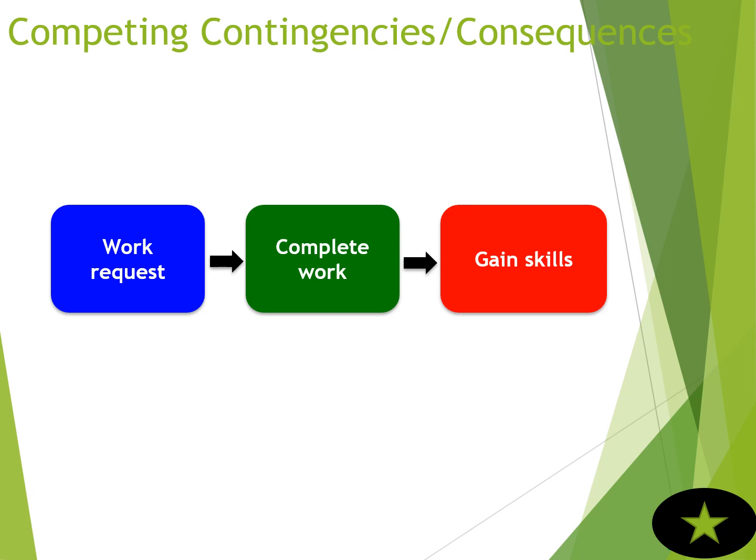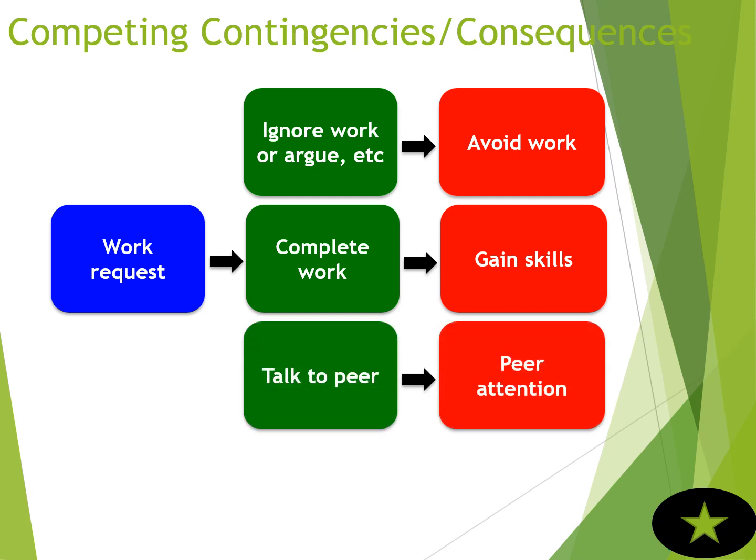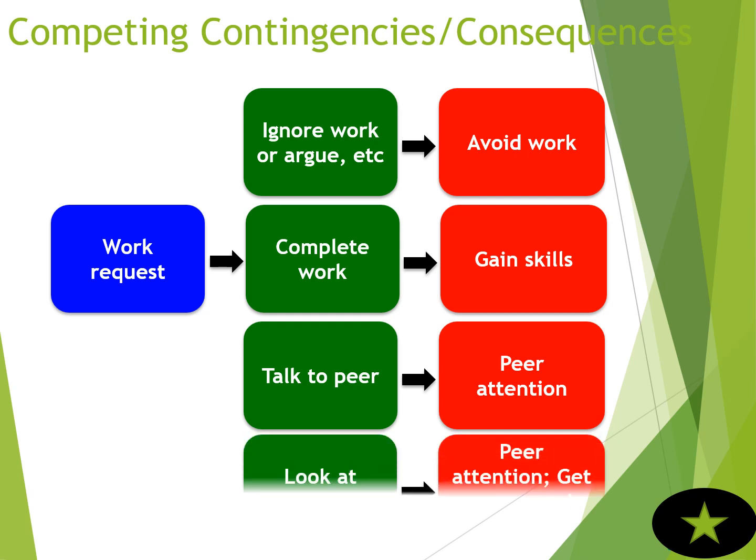Competing consequences: work requests, complete requests, gain skills, or ignore work or argue and avoid work, or peer attention. I'd say the middle one and the bottom one.